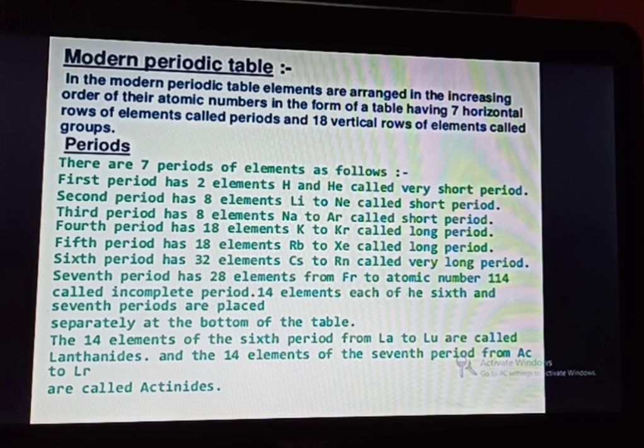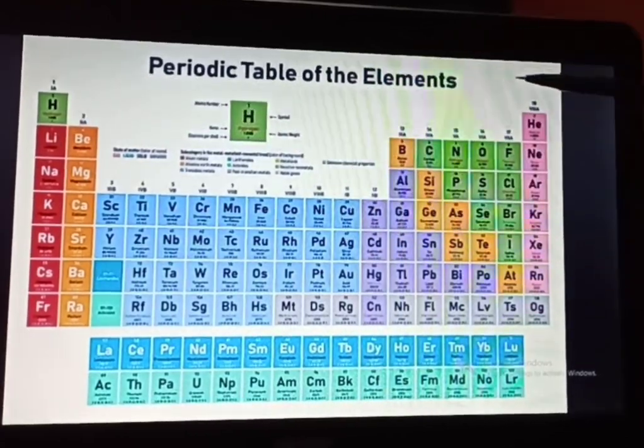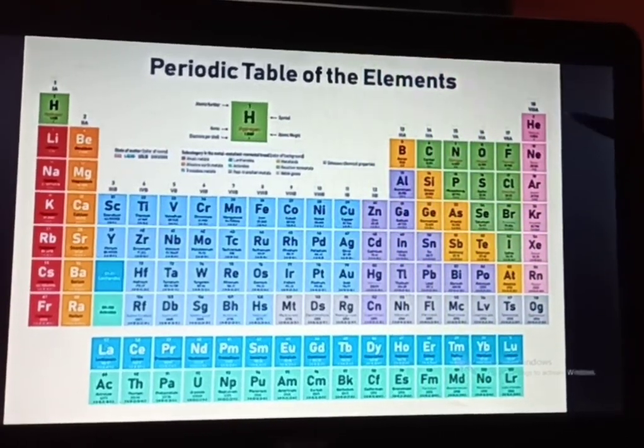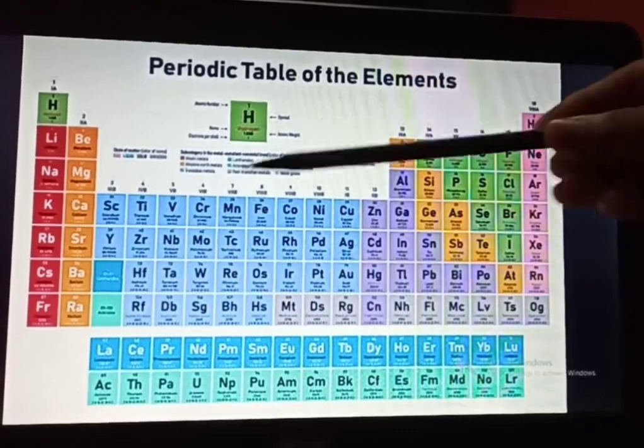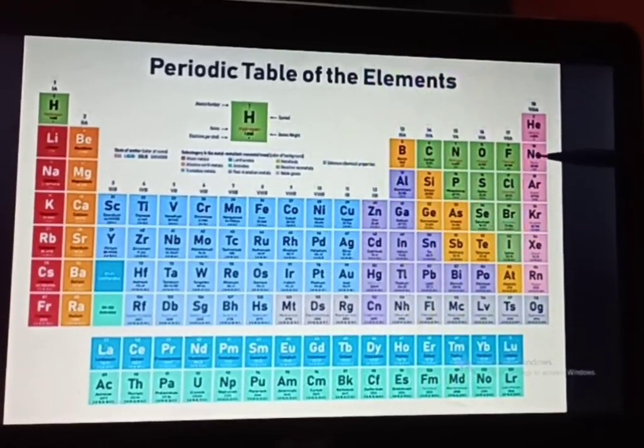First period has 2 elements, hydrogen and helium, and is called a very short period. Second period has 8 elements, lithium to neon, called short period.